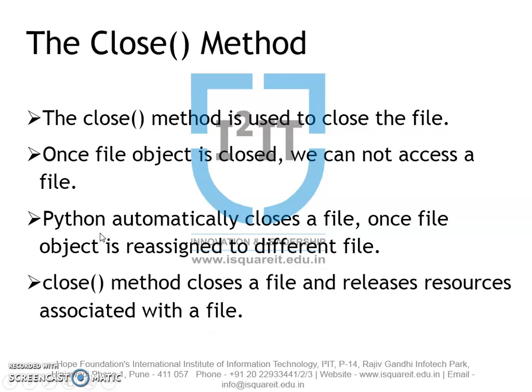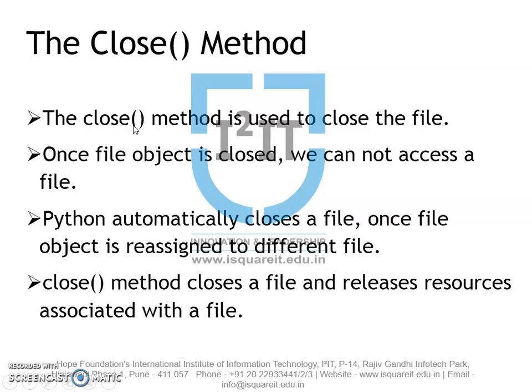Even though Python closes a file once the object is assigned to a different file, as a good programmer, it is a good habit to always explicitly use the close method to close a file. The syntax is the name of the object, dot close, and round brackets.